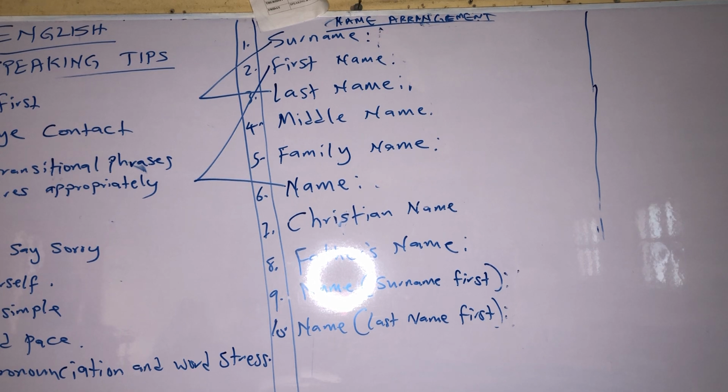The middle name, I said, sometimes you can call it Christian name or religious name, your second name. Me, I don't even have one. You understand? So it is his own Christian name that he is making his first name, while his traditional name, his Yoruba name, he is making his second name.